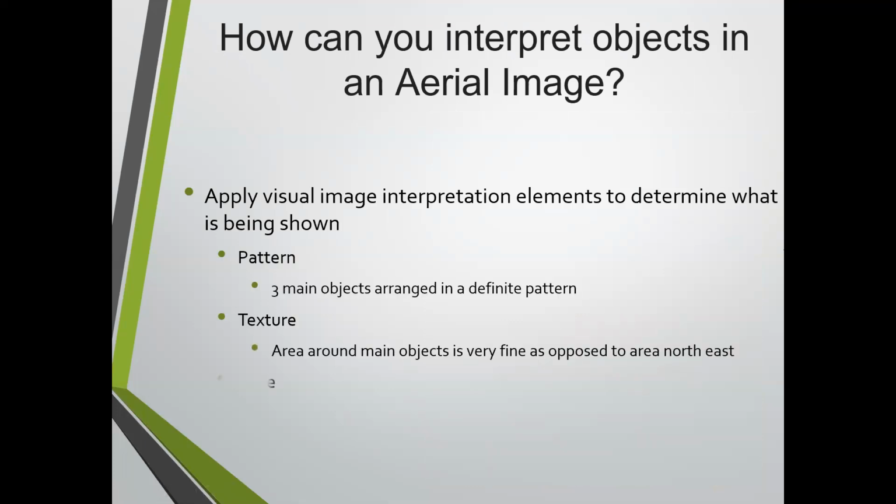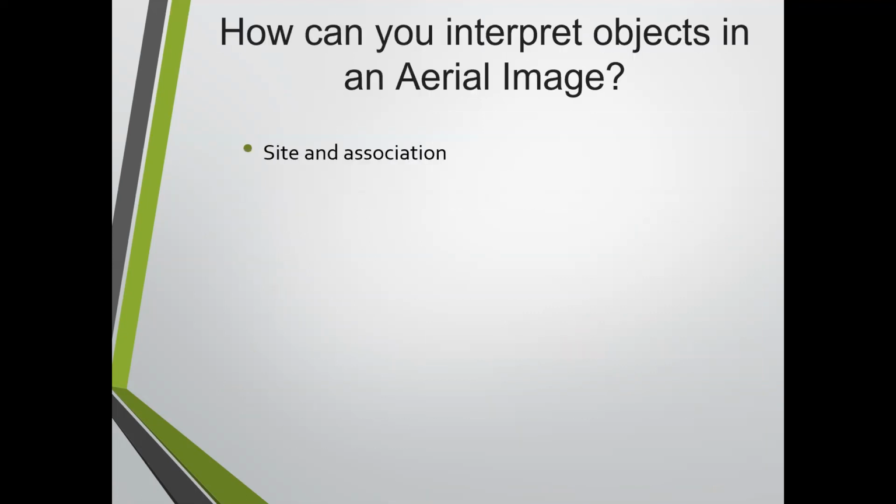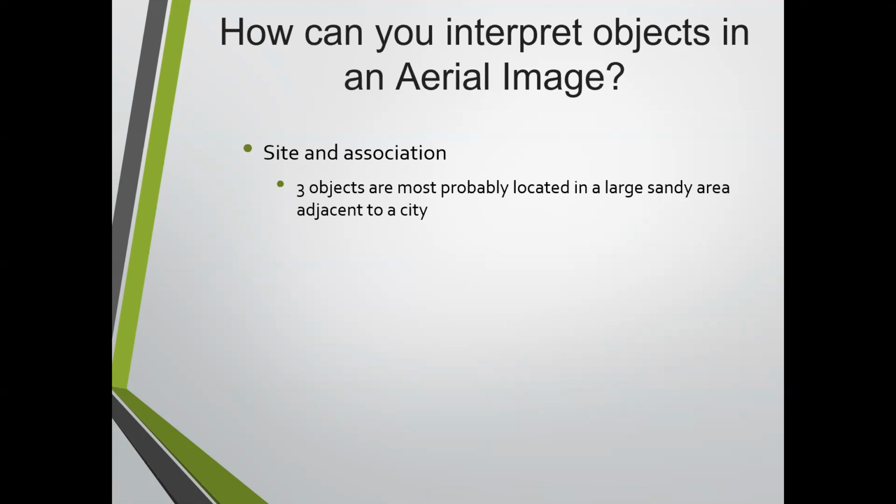Texture around the objects is very fine as opposed to the north and the east. With tone, the area around those objects, again, is much lighter than north and east. Probably indicates sand. Site and association, those three main objects are located in that largely sandy area adjacent to what's probably a city.